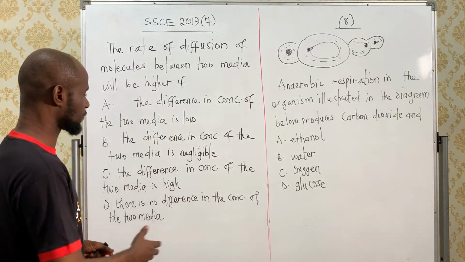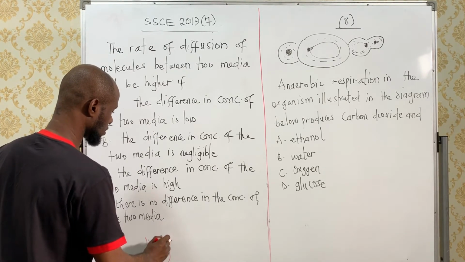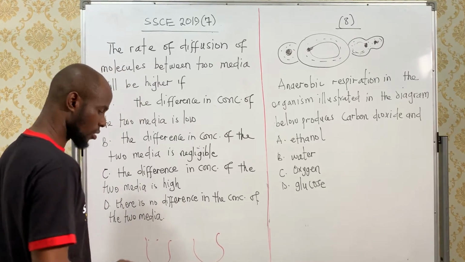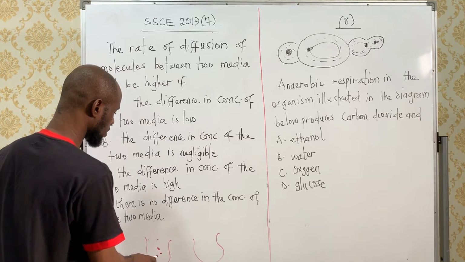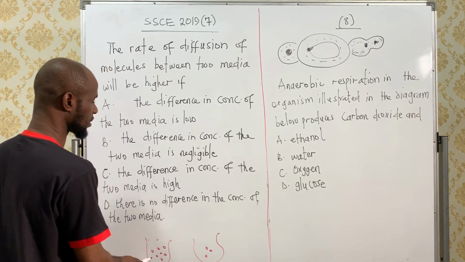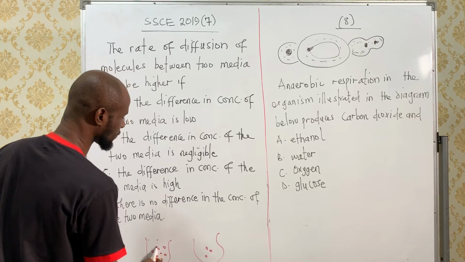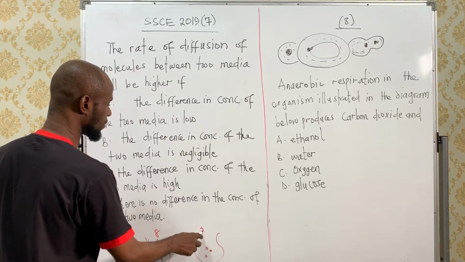When there is a difference in concentration, let me just have a container so that we can get it better. We have the concentration of substances here, and the concentration of substances here. This is A, and this is B. There's a difference between these. Let's say we have 8 molecules here and 3 molecules here.